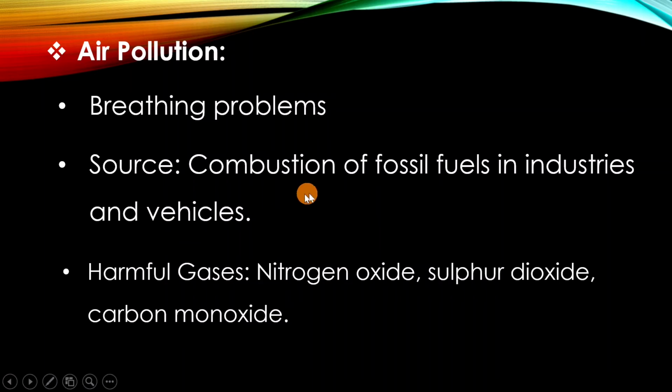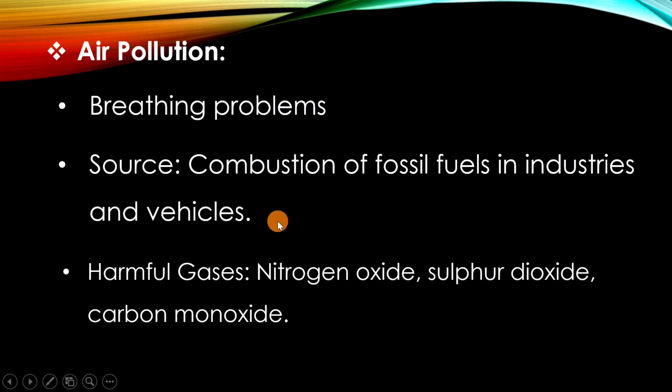For instance, combustion of fossil fuels in industries and vehicles. Vehicles and machines in industry use fuel which is produced due to chemistry. As these are produced and used to run machines and vehicles, what happens?